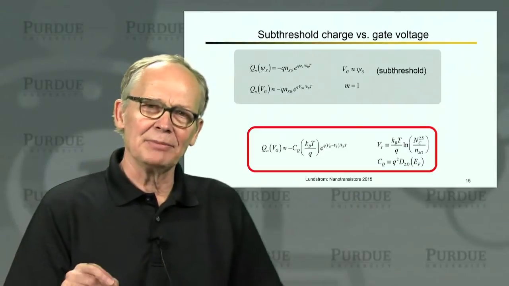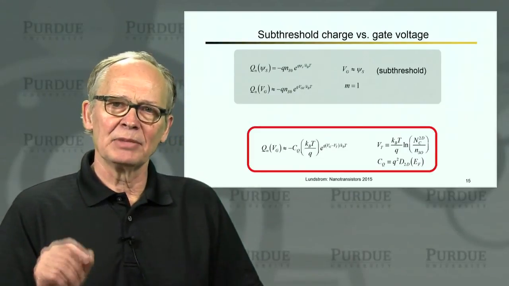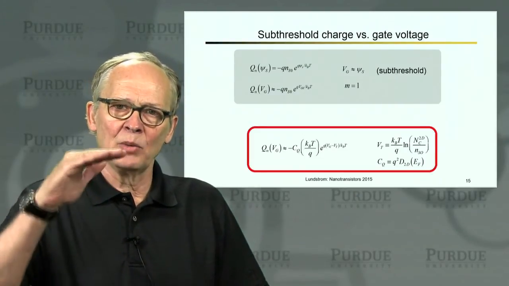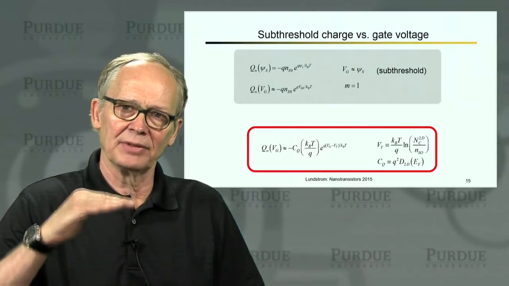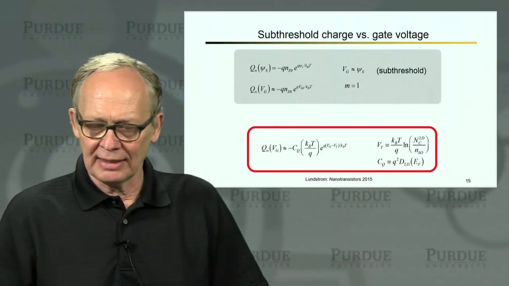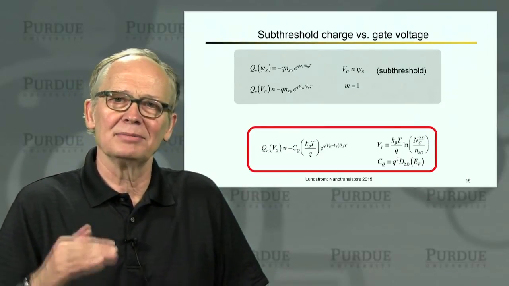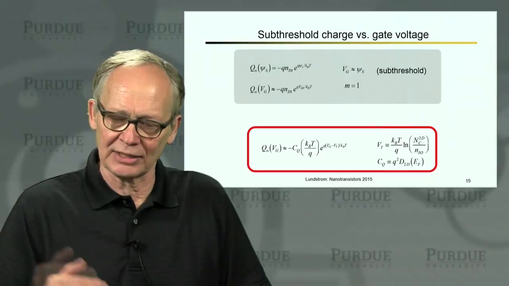What that really means is that I'm assuming that threshold occurs when the bands have been pulled down so that the Fermi level is right at the bottom of the first subband. That seems like a reasonable place. That's when I'm going to begin to get lots of electrons.